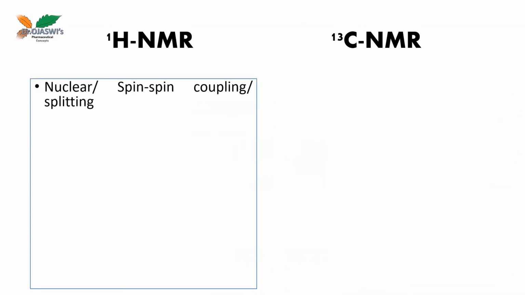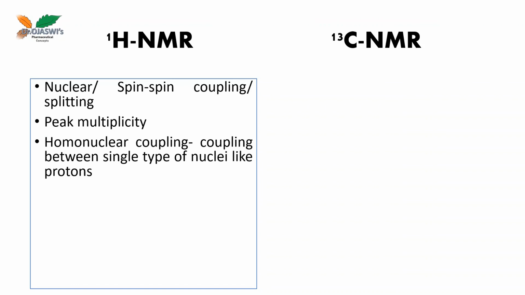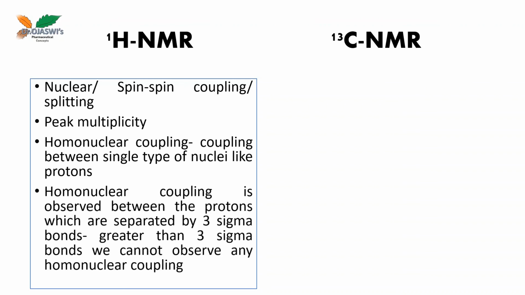Next comparison is with respect to spin-spin coupling. We also call this peak multiplicity. In 1H NMR, homonuclear coupling is observed, that is the coupling between a single type of nuclei like protons. Homonuclear coupling is observed between the protons which are separated by 3 sigma bonds. Greater than 3 sigma bonds, we cannot observe any homonuclear coupling.